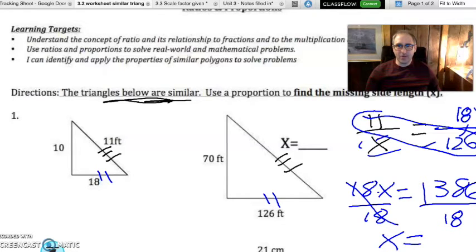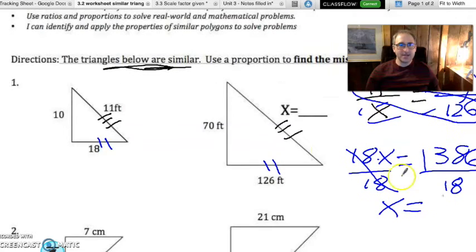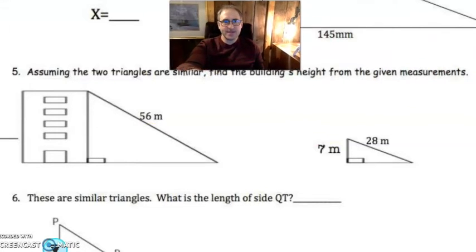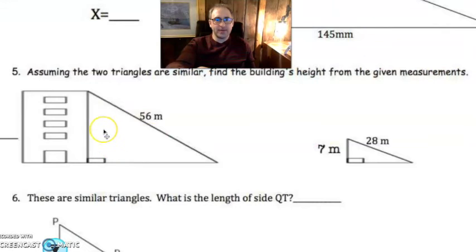Let's move on and look at one more, to see if there's anything confusing on here. All right, on the second sheet, there are some real life applications. That's part of our learning target. We are going to assume that this triangle, and I will outline it in blue, is the height of the building.